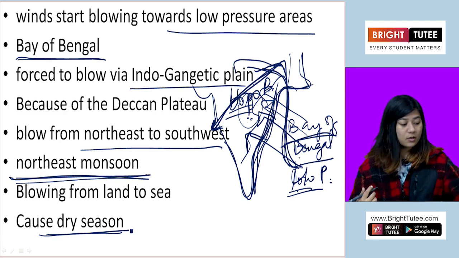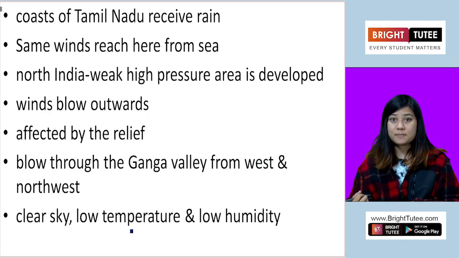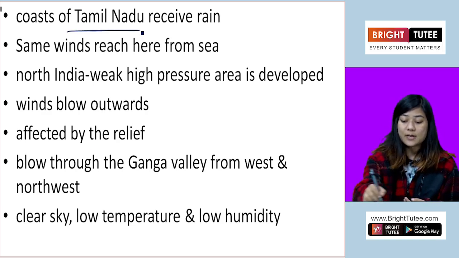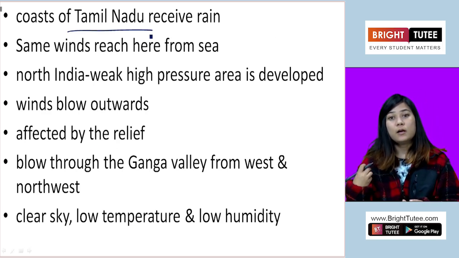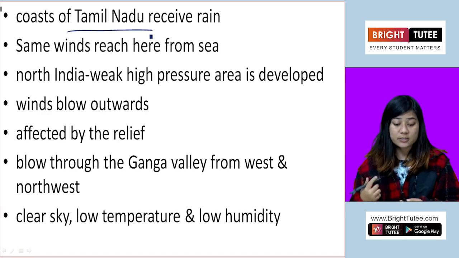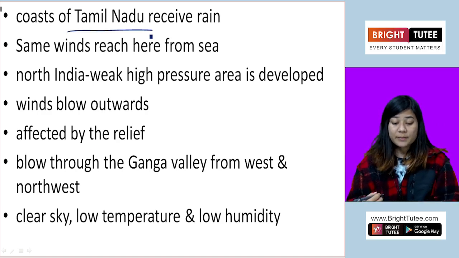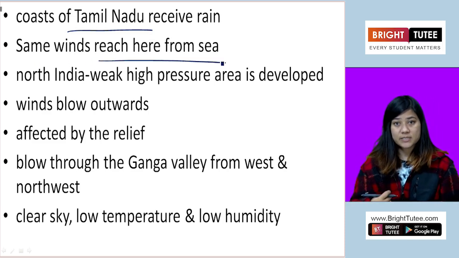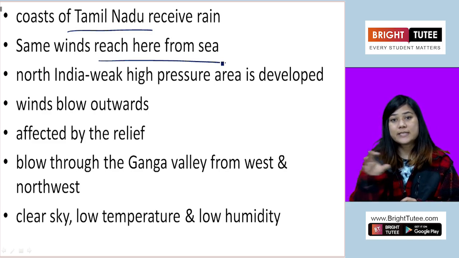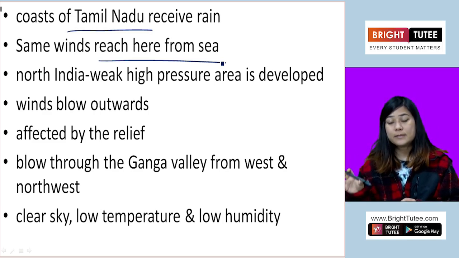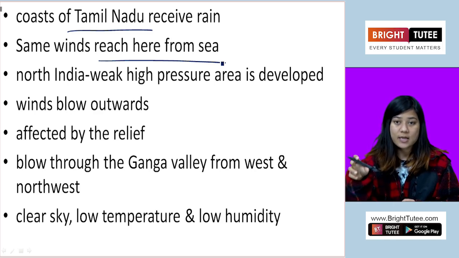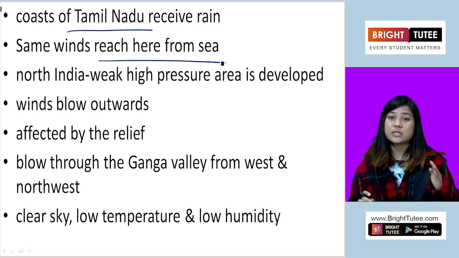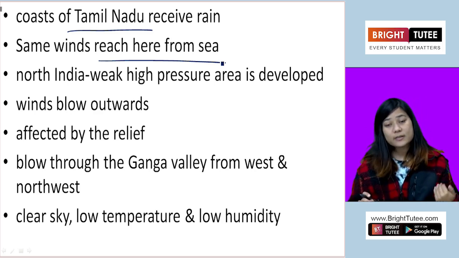dry season, okay. But at the same time, the same wind also brings rain to Tamil Nadu, okay. It also lets Tamil Nadu experience rain, okay, because the same wind reaches here again from the sea. So you can see how the same wind is blowing from sea to land, and from there it goes around the Gangetic Plains and then goes in the southwest direction, goes back to the sea.